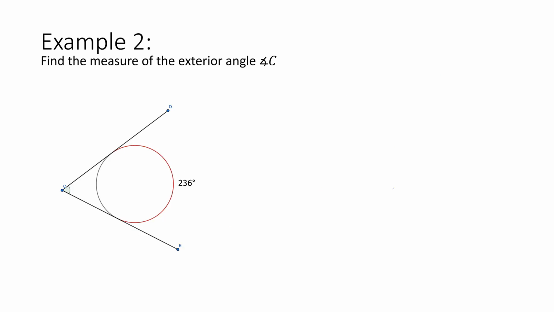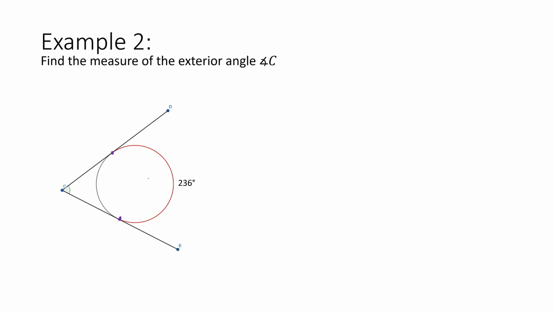In this example, the exterior angle is formed by two tangent lines. We may think that there are missing values because the problem is only giving me the measure of one arc. But if we remember, we only have two arcs here, the red one and the gray one. If we add them, it gives us a complete circle.